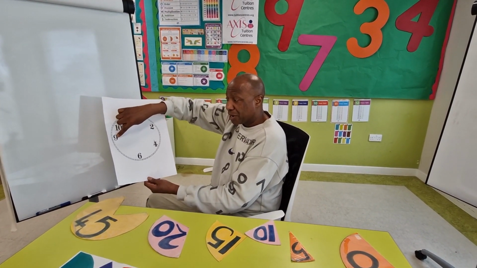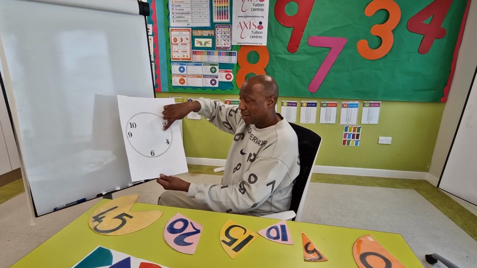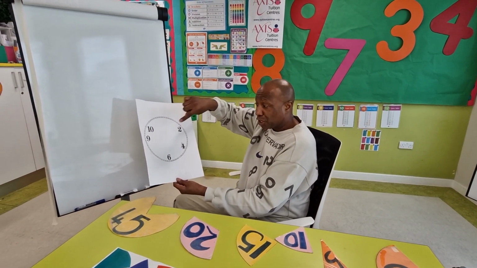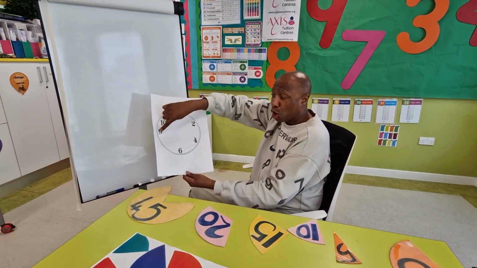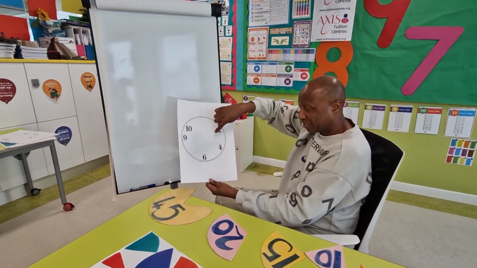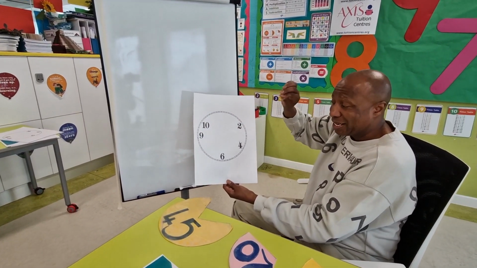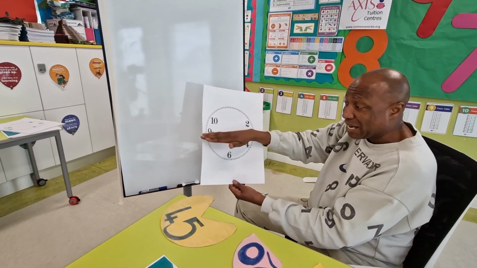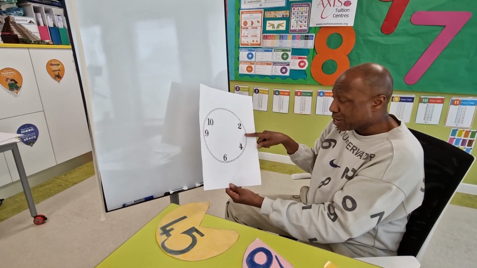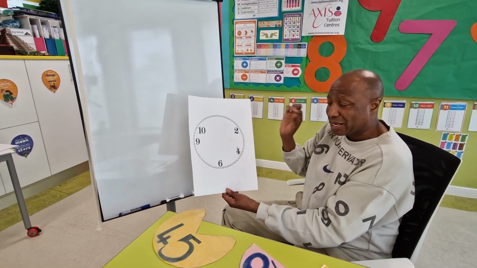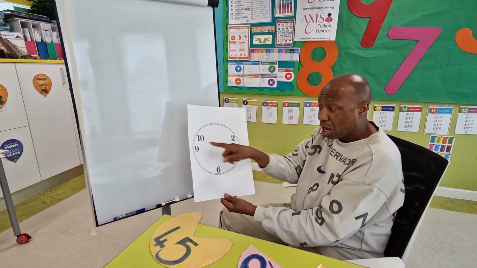Opposite the number 9 on a clock face is the 3. So wherever you place the 3, it's got to be horizontally opposite the 9. It's got to be in exactly the same level as the 9. It can't be lower, it cannot be higher, it's got to be in exactly the same place.